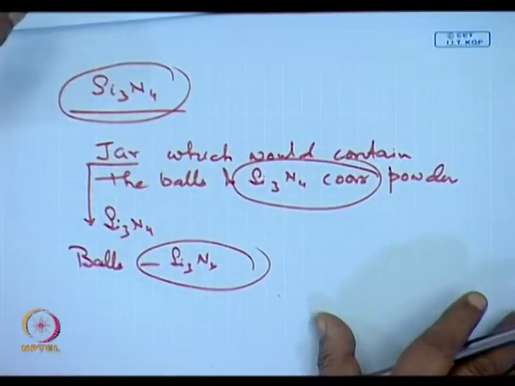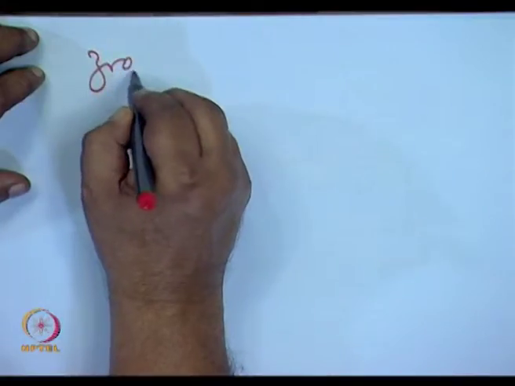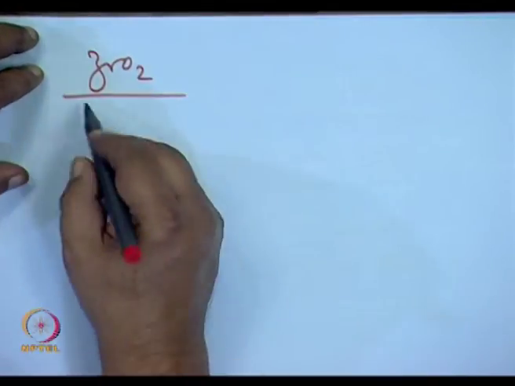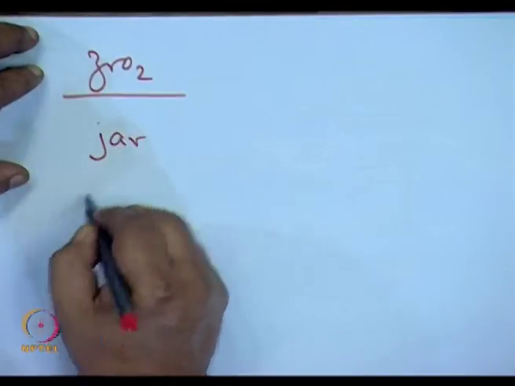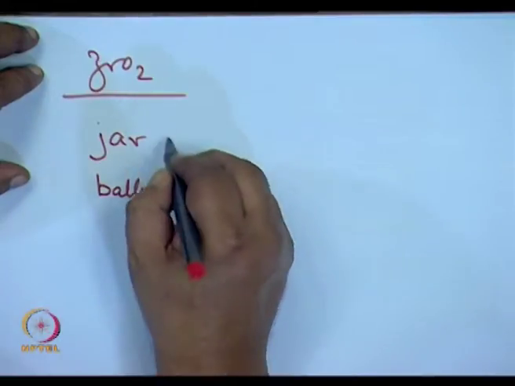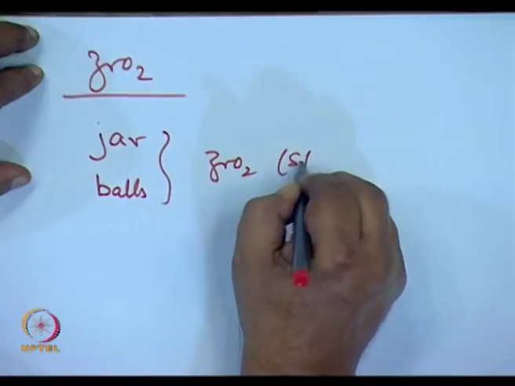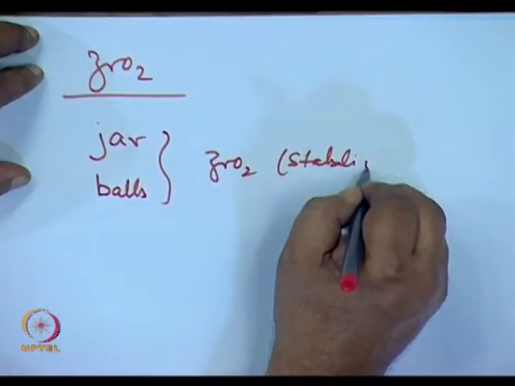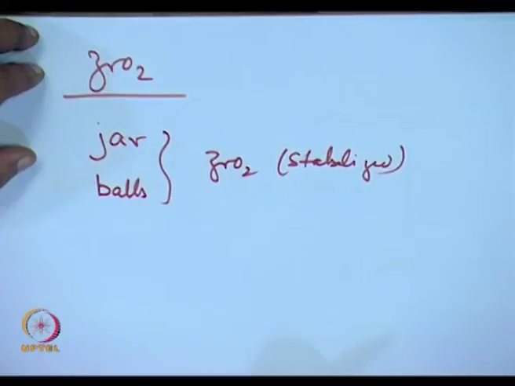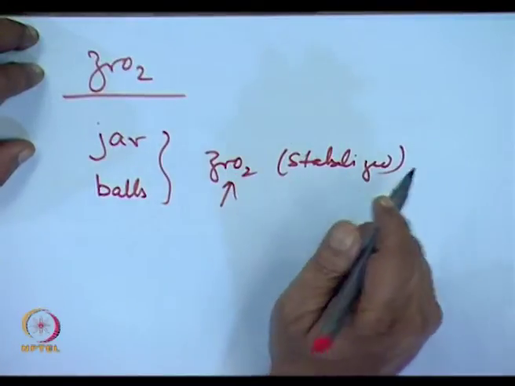If I am going to grind zirconia, a very highly used high-end material, I would use a jar, I would use the balls, both made up from zirconia, so that during the grinding operation, if contamination happens, it would be zirconia and zirconia only.